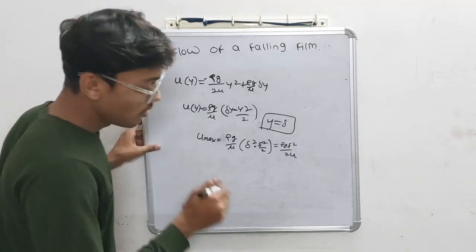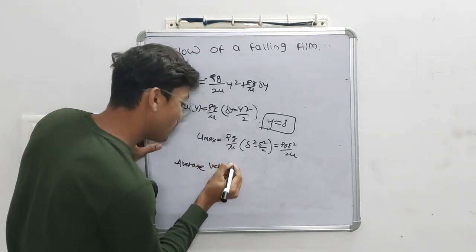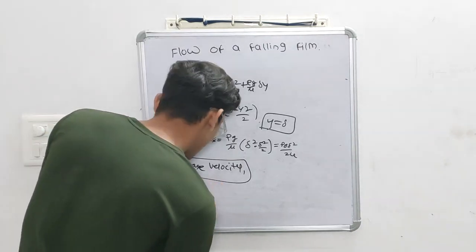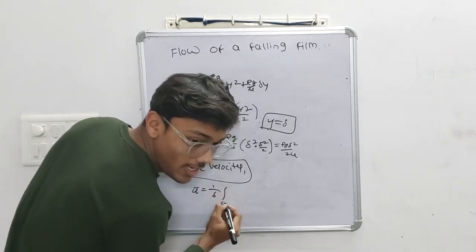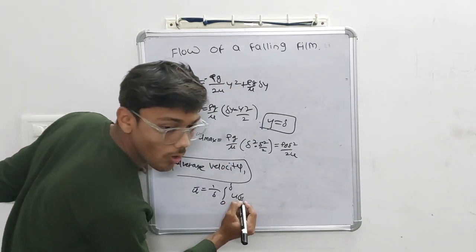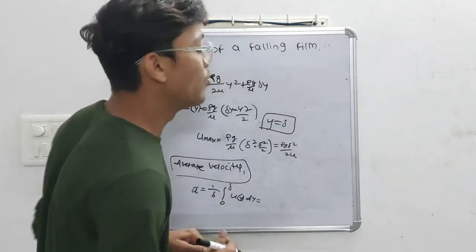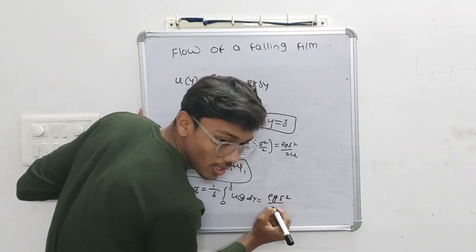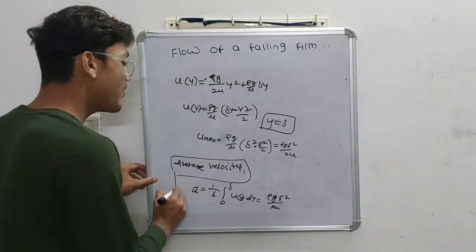For the average velocity, u average is equal to 1 by delta times the integration from 0 to delta of u(y) dy, which equals rho g delta squared by 3 mu. This is our average velocity equation.